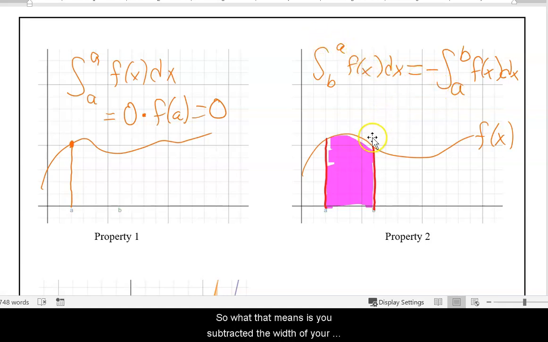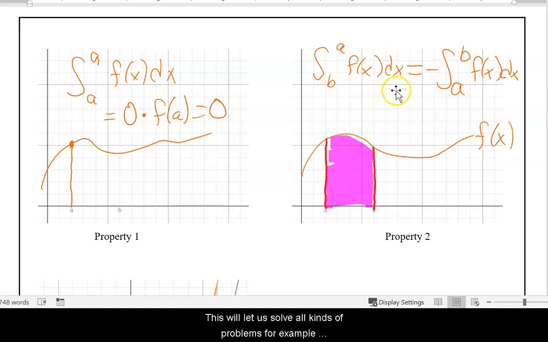Well, that means you subtracted the width of your interval in the wrong order. So of course it's going to be negative. You're still finding the height, but instead of computing the width of the integral as b minus a, you're computing a minus b. Well, of course it's negative. That just means that if you switch the limits of integration, you can put a negative out front.